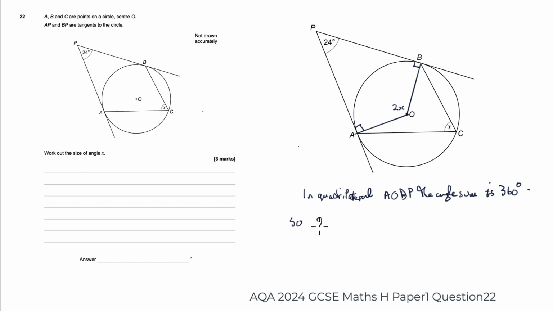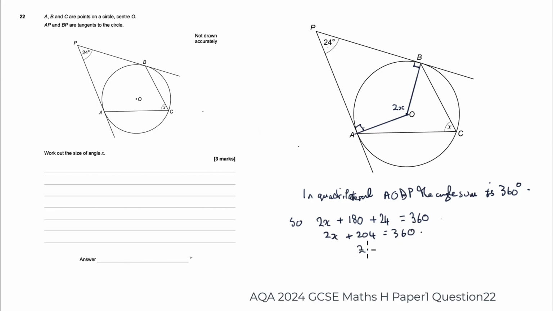So let's write that down. We've got 2x plus a couple of 90-degree angles, that's 180 degrees, plus this 24 gives us 360. So 2x plus, now 180 plus 20 would be 200, and that 4, 204. And then to get 2x on its own, I'll take away 204 from both sides of this equation.